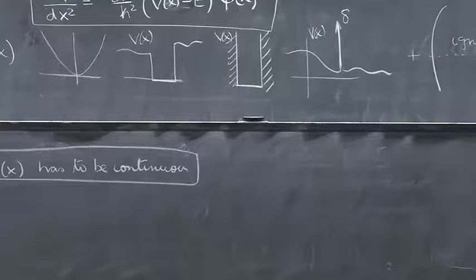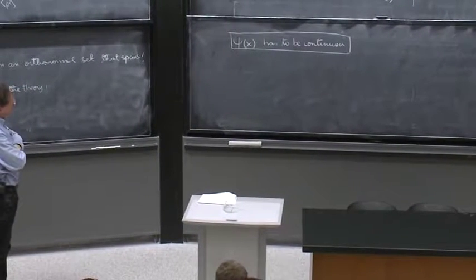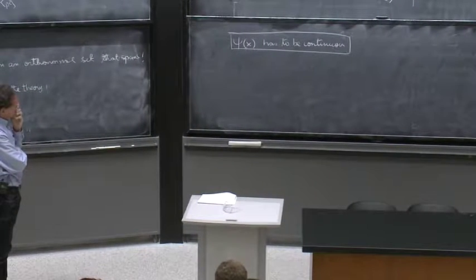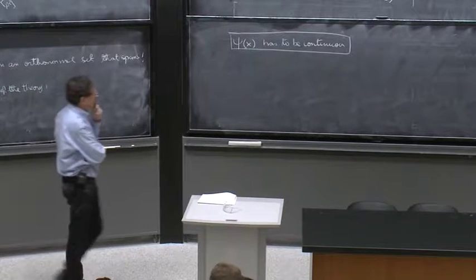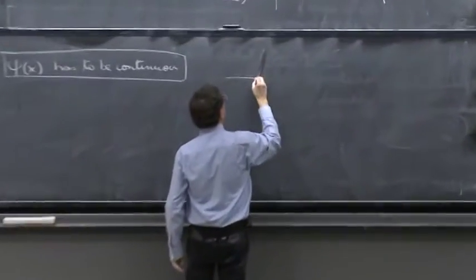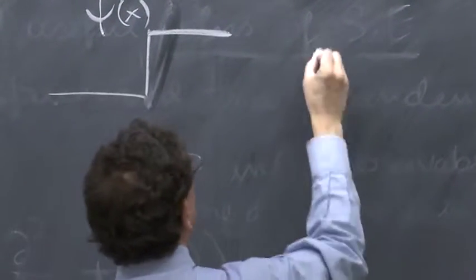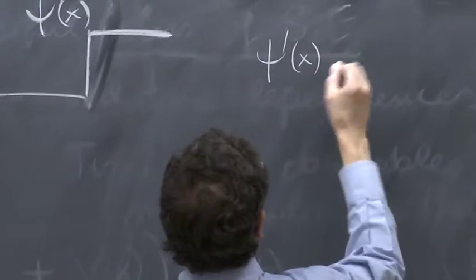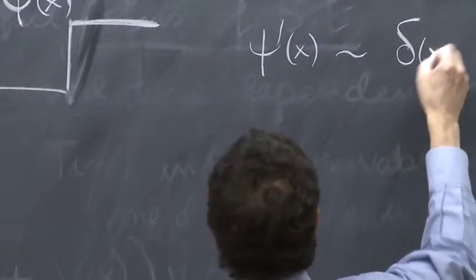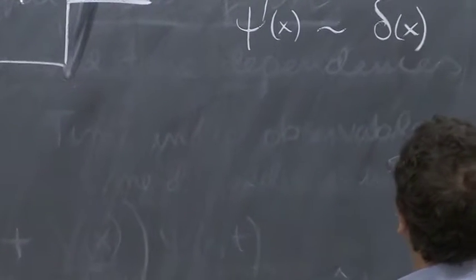The wave function can move along but cannot jump. And the reason is the differential equation. Look, if psi of x was not continuous, if psi of x had a discontinuity, psi prime of x would contain a delta function at this discontinuity. The derivative is infinite.